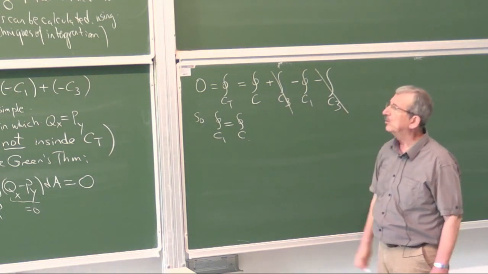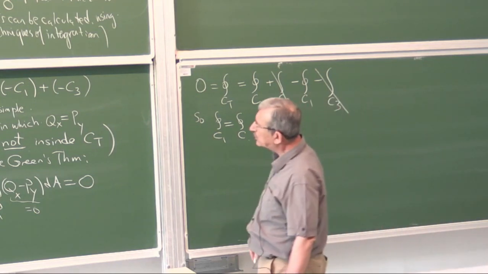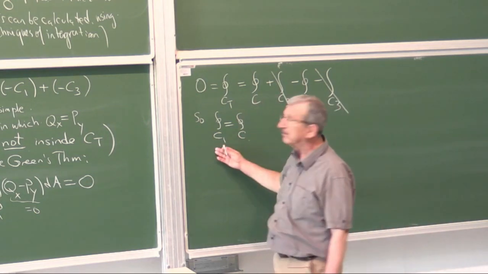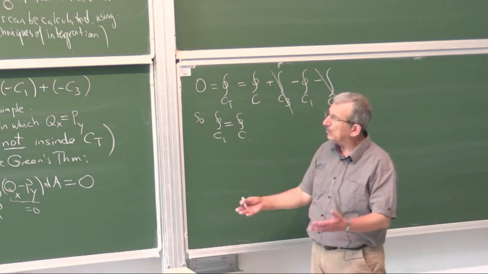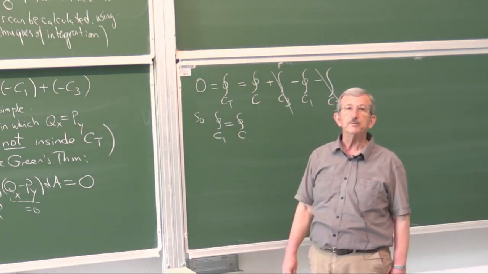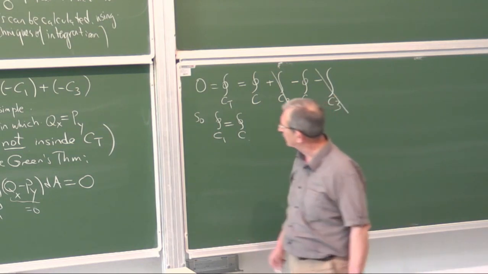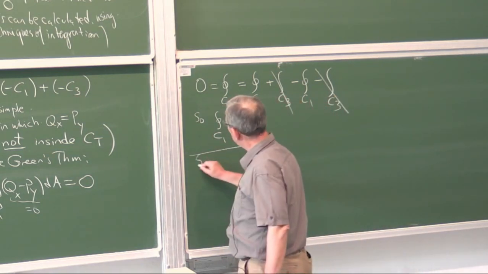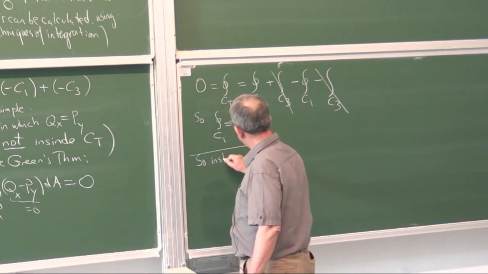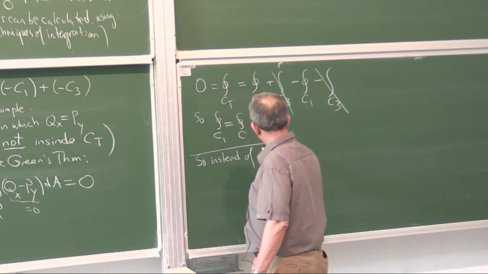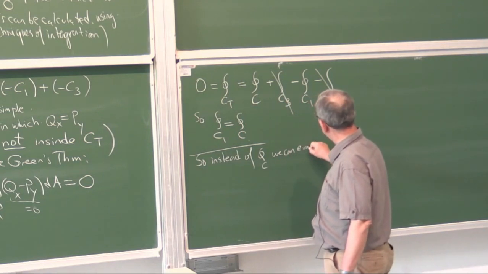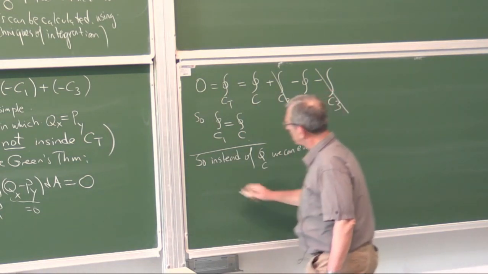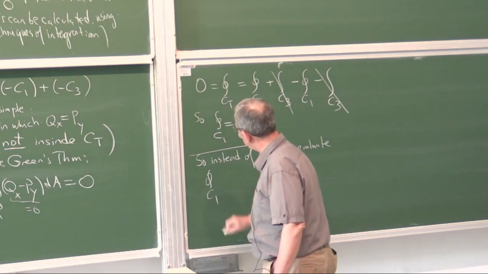And so, using this trick, we can assume that C is taken as C1, doesn't matter, and so we integrate over the ellipse. So instead of integral C, we can evaluate integral over C1.